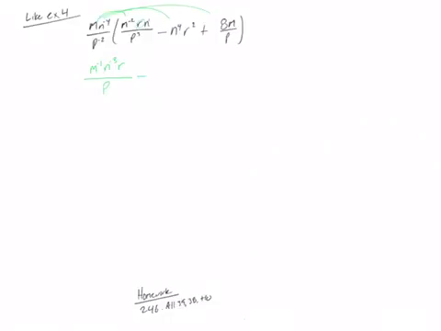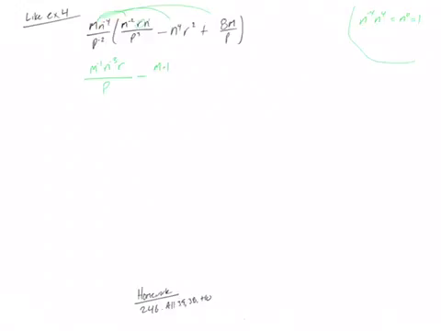Minus, well, I'm going to have an m, and then double here, n to the negative 4 times n to the 4th. Add exponents, it's going to be n to the 0th, which is just equal to 1. So you're going to think of this times 1.